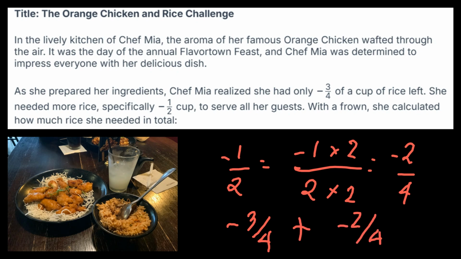That's the reason we only changed negative 1/2 by multiplying both negative 1 and 2 by 2. Because our main goal, as I said, is to ensure that our common denominator is the same.